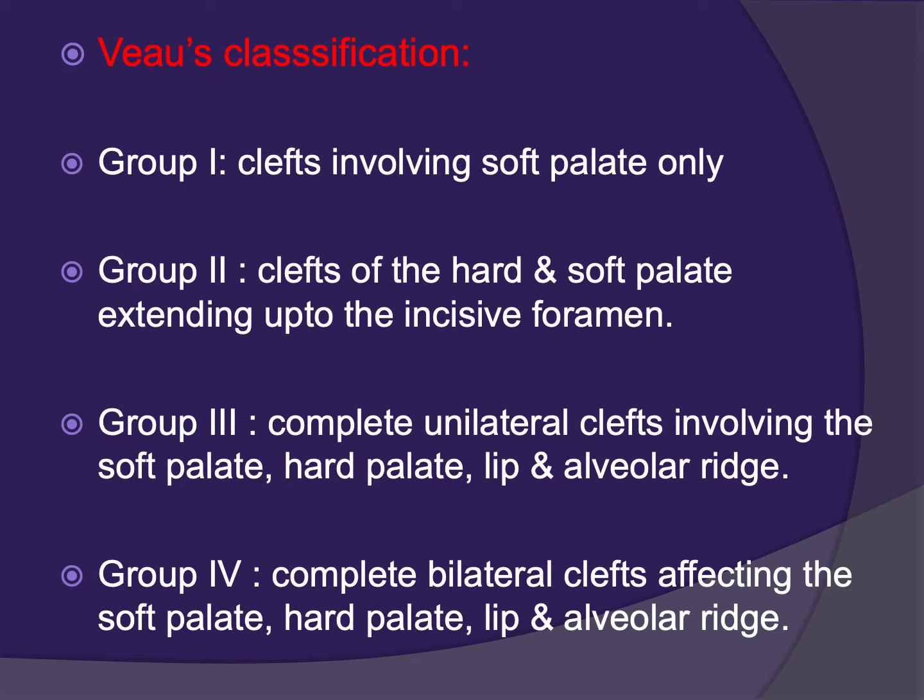Group 3, a complete unilateral cleft involving the soft palate, hard palate, lip, and alveolar ridge. Group 4 is a complete bilateral cleft, both right and left, affecting the soft palate, hard palate, lip, and alveolar ridge. So this is easy.